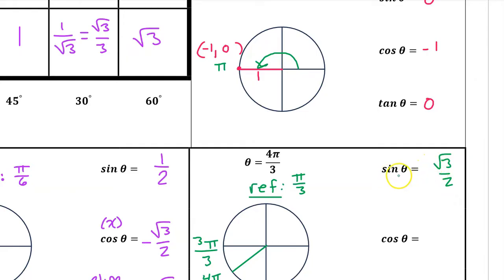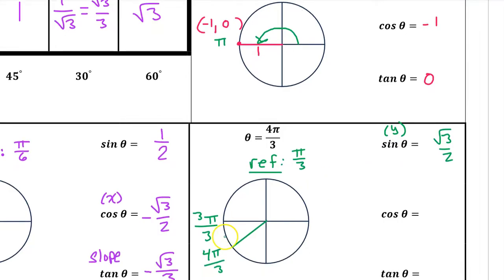The sine of an angle is just the y value on the unit circle. In this quadrant, will the y value be positive or negative? Y values are negative in the third quadrant because we are below the x-axis. So the sine of 4 pi over 3 will be negative radical 3 over 2.